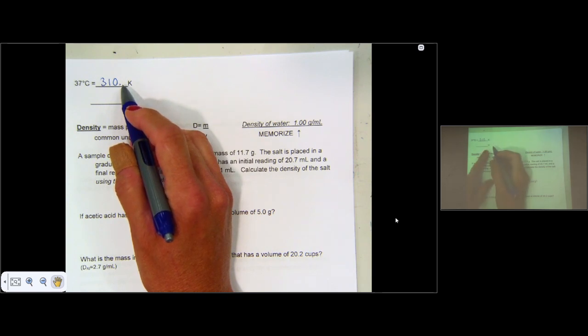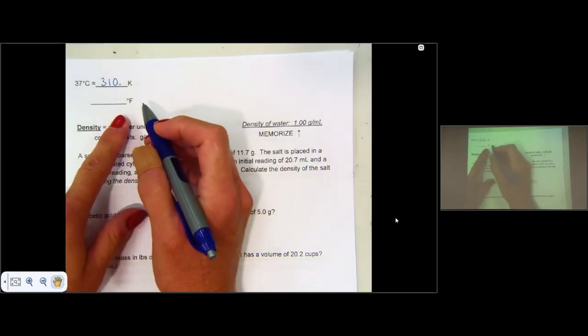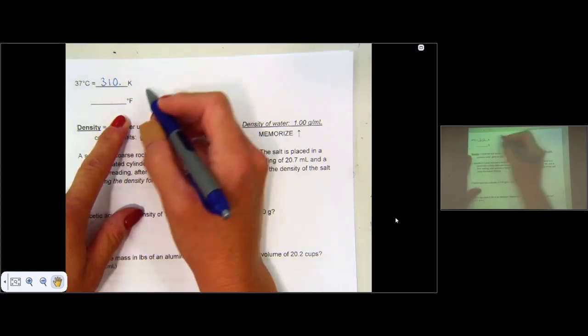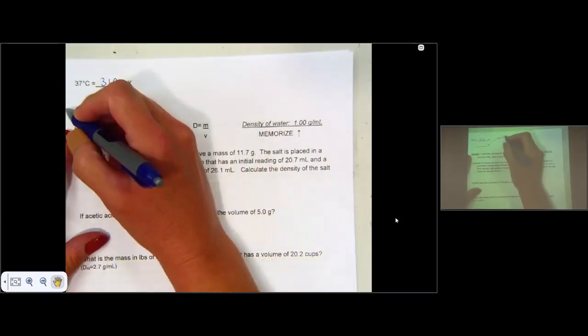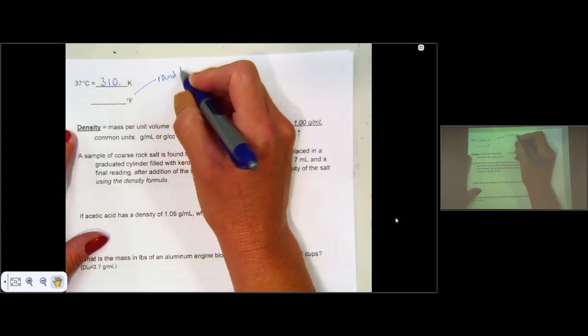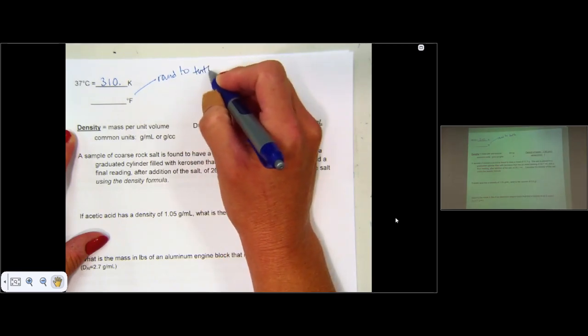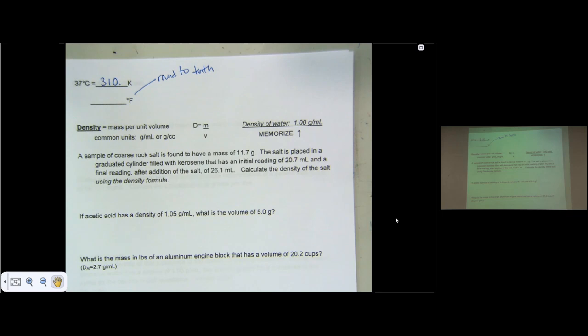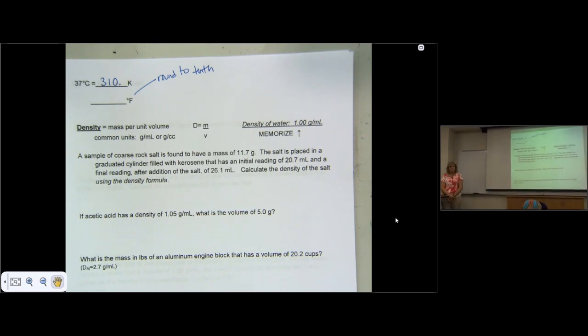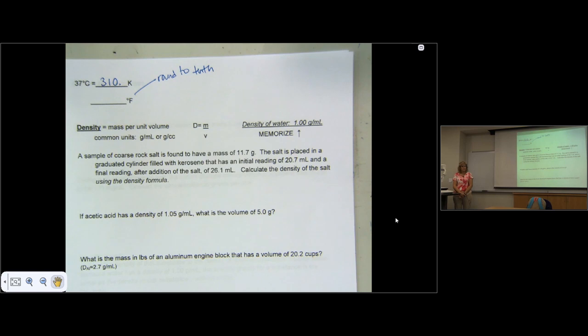All right, on this problem, I'm going to change my rule, and I'm going to say round this one to the nearest tenth. And there's a reason for that. So do the math and round that one to the nearest tenth.